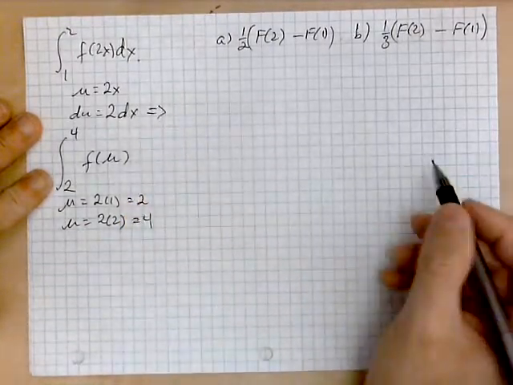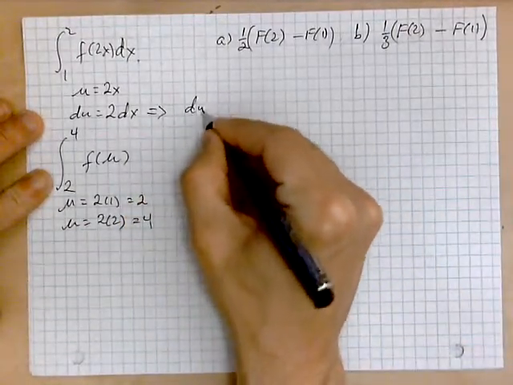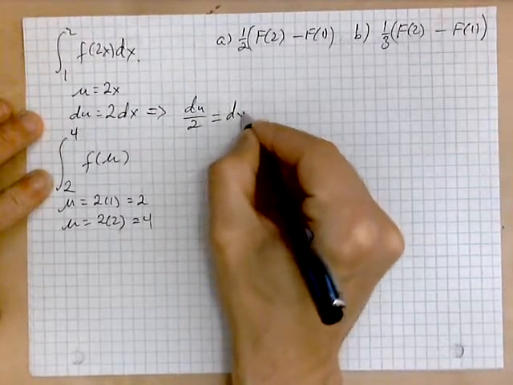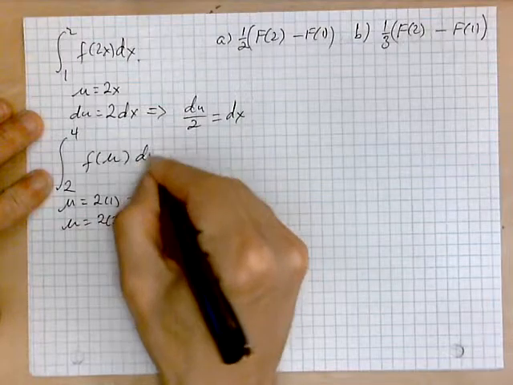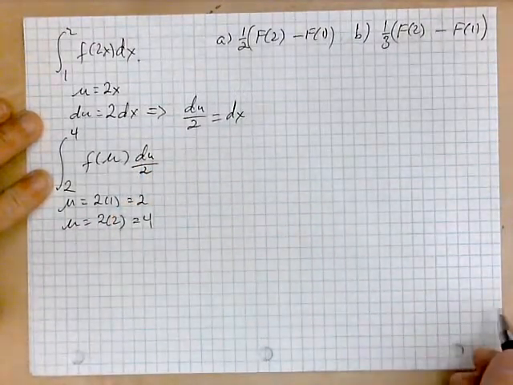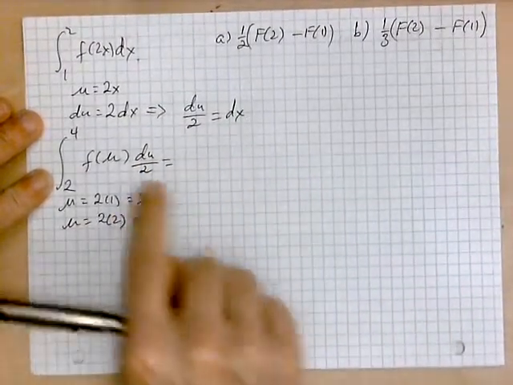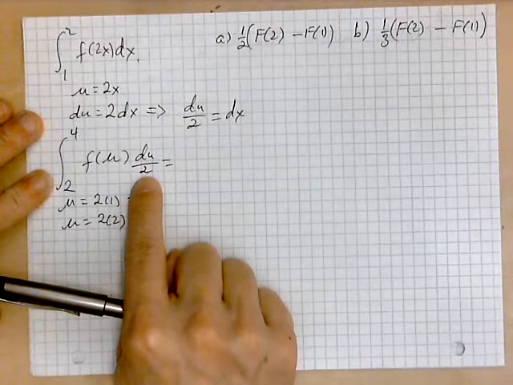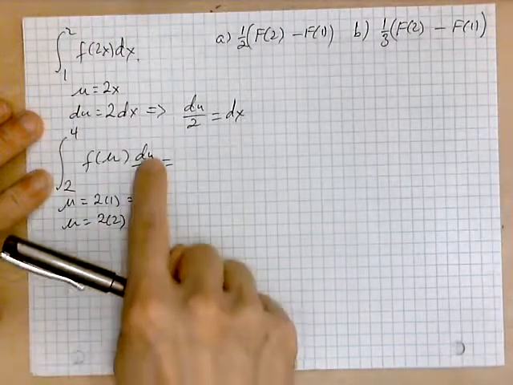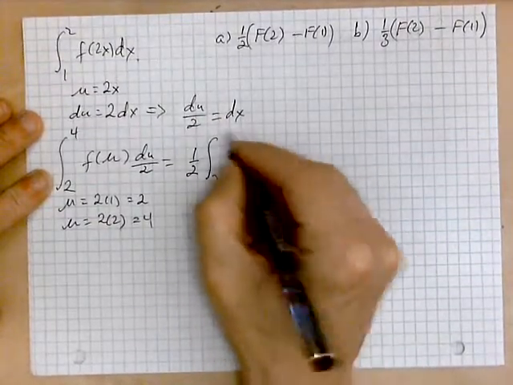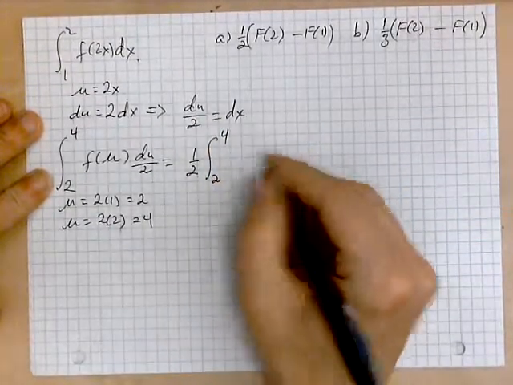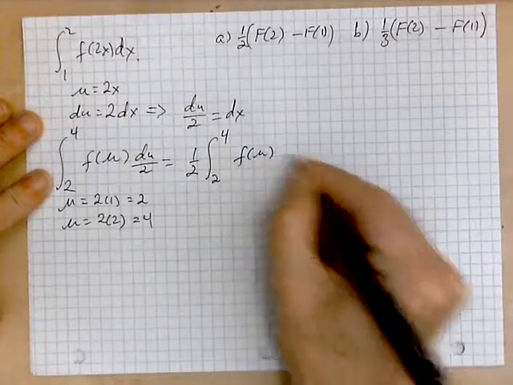Solve this for dx. du over 2 equals dx. So you replace dx with du over 2, as follows. Now the 1/2 can be factored out. So it's 1/2 of the integral between 2 and 4 of f of u du.